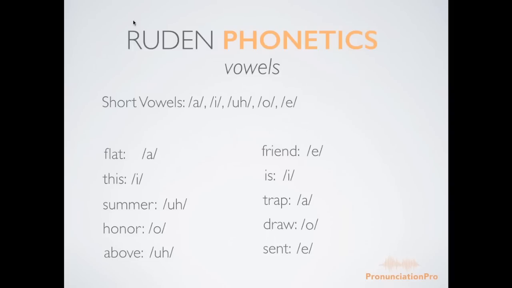Just to contrast some of these, I'm going to use that same word scent and put the other vowel sounds in it. I'm going to go in order, starting with that short A: sant, scent, sunt, sont, scent.